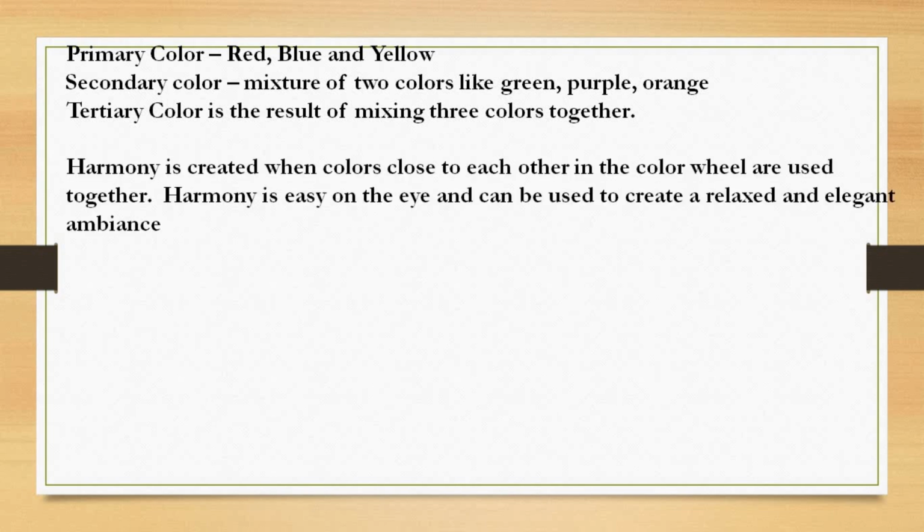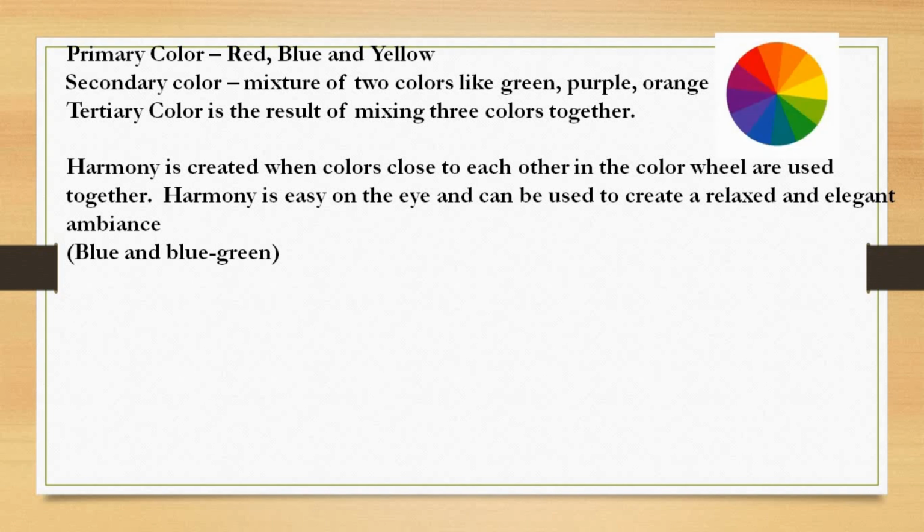So what is harmony? Harmony is created when colors close to each other in the color wheel are used together. Harmony is easy on the eye and can be used to create a relaxed and elegant ambience.